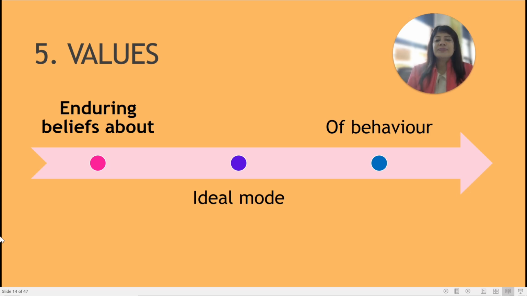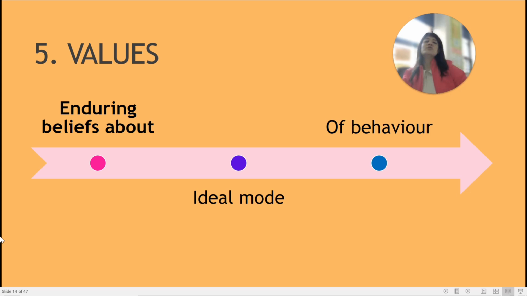But these enduring beliefs, they do, of course, have a component of morality in them, wherein there is this super consciousness, this belief about being absolutely conscientious. You always want to be doing things which put you in a good light in other people's eyes, so you want to display that to others.